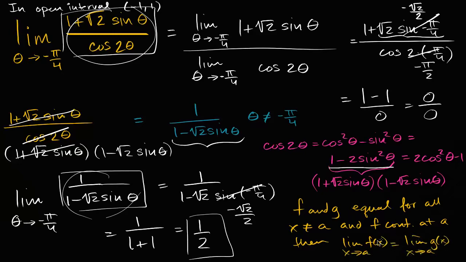And I said this in multiple videos, and that's what we are doing right here. But just so you can make sure you got it right, the answer here is 1/2.